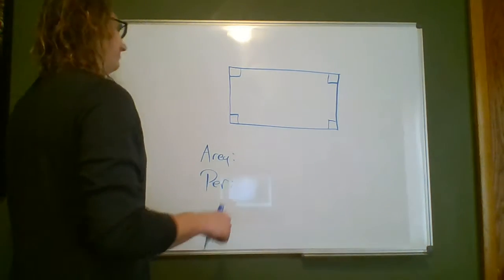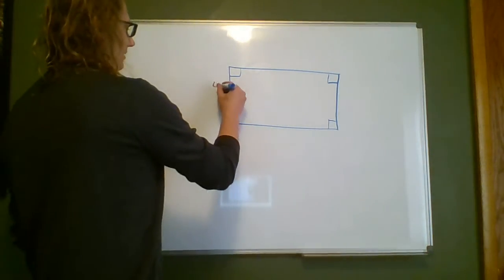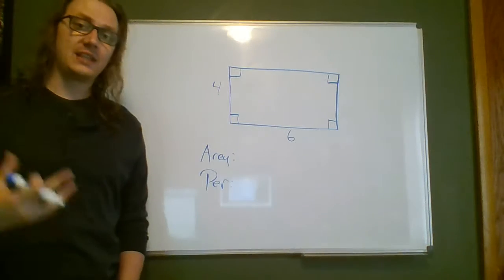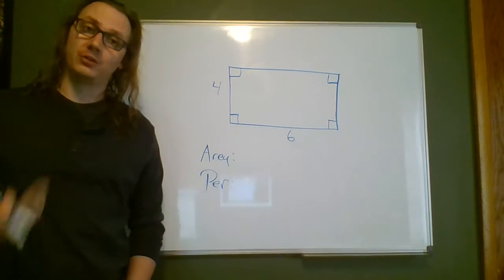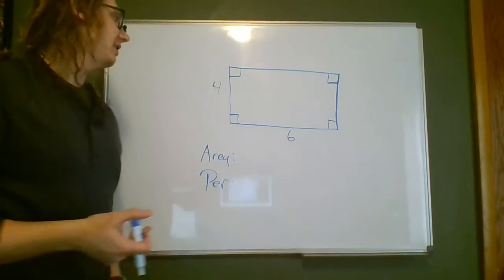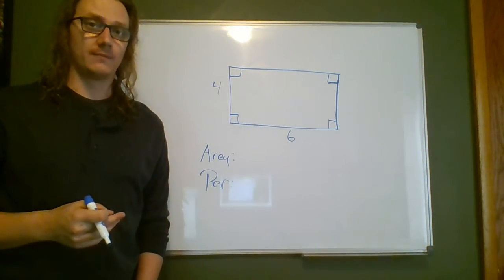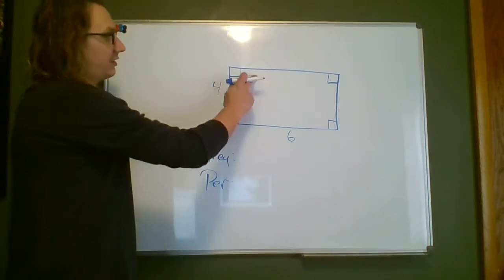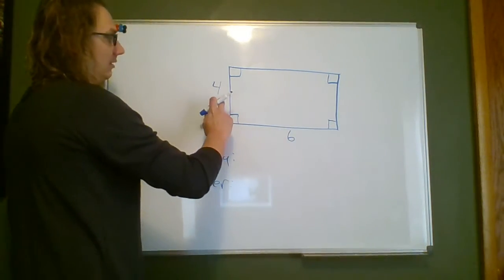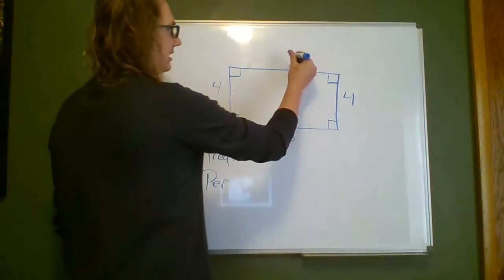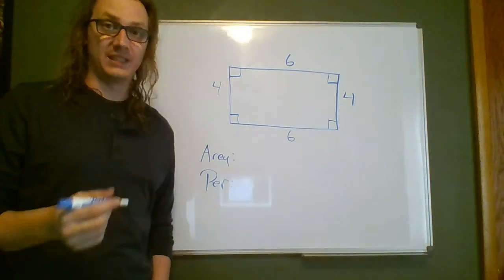Okay, so let's calculate area. Let's calculate perimeter. Let's say this is 4, and let's say this is 6. Now, this is a feature of rectangles, and it'll be true with squares as well, that the opposite sides will be congruent to each other. So this rectangle, because I've got these four right angles, 4 means that this side will also be 4. If this is 6, this side will also be 6.